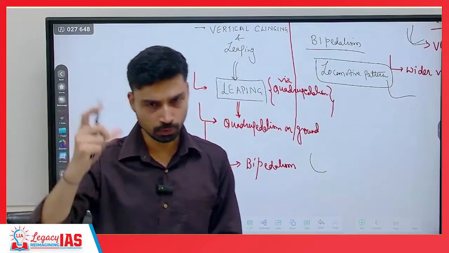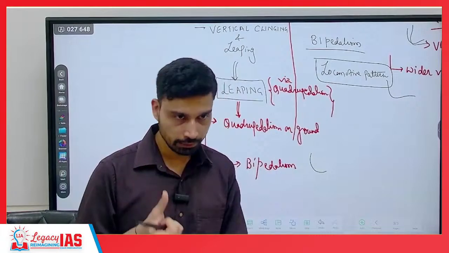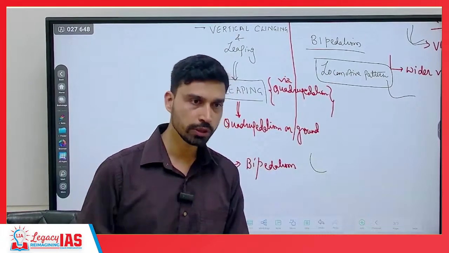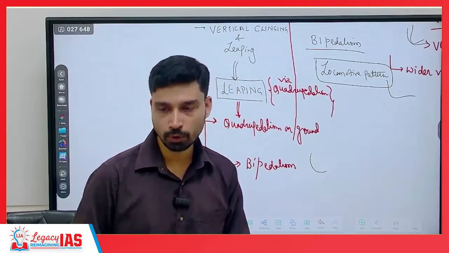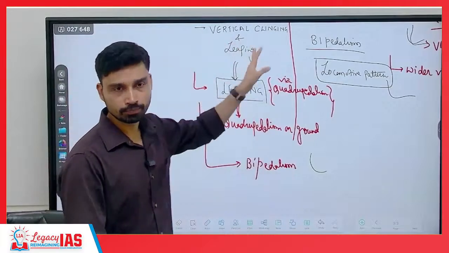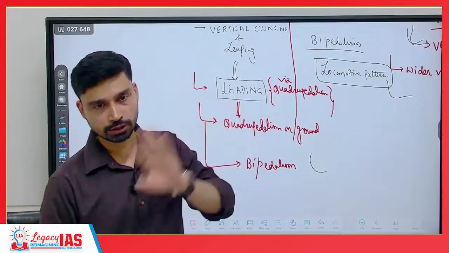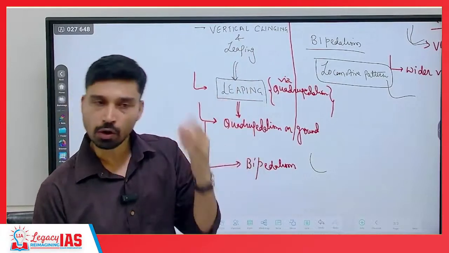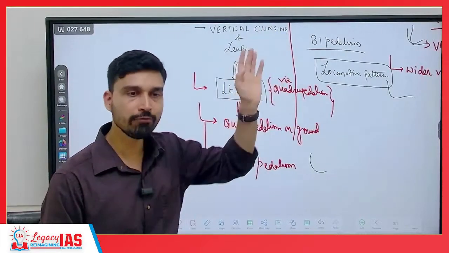We can talk about the shape and curvature of the spinal column, the pelvic girdle, the gluteus medius and maximus, the femur angle, and the shape of the toe. These are the changes that have happened due to bipedalism. Basically, whatever differences there are between apes and man are largely a result of bipedalism.